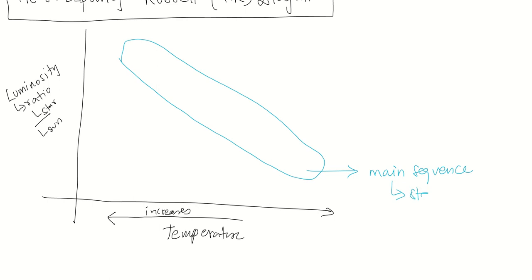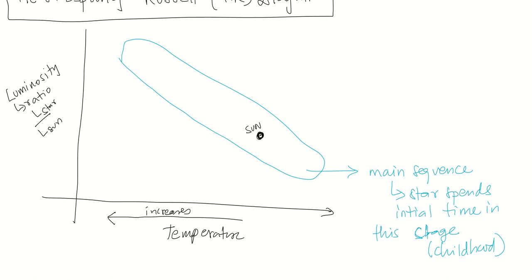A star spends its initial time in this stage, something like what we call childhood. So all the stars spend that time here, and let's say our sun is somewhere here. We will keep the sun positioned here. So this is the sun. Temperature is approximately 5800 Kelvin, I'm keeping.